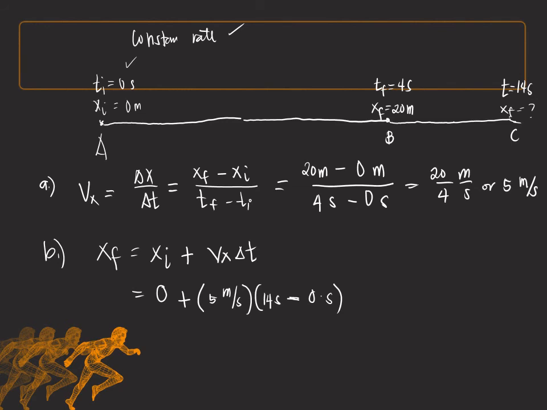Therefore, our answer would become 5 meters per second multiplied to 14 seconds, that is 70 meters. So the runner will be 70 meters from the initial point, which is point A. Any questions?